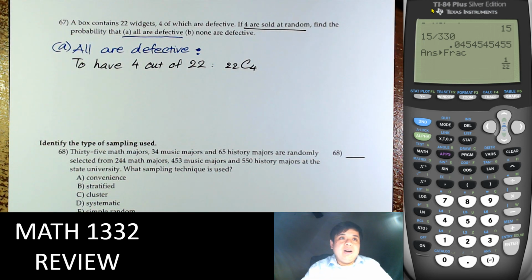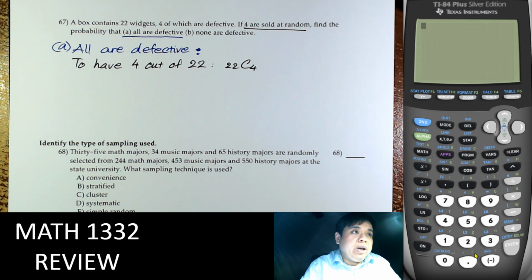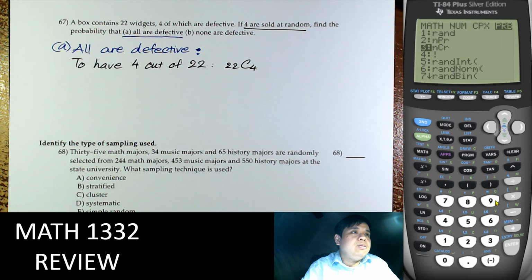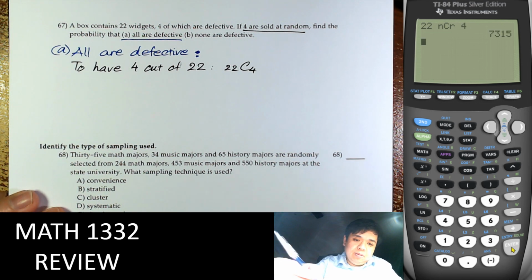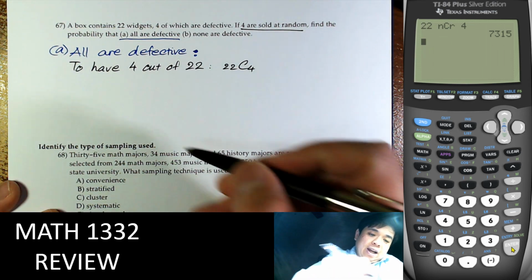So that's the total number of combinations, choosing 4 out of 22. Right, that's what we have, and that's the total.